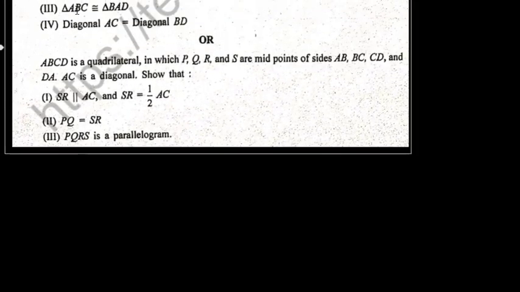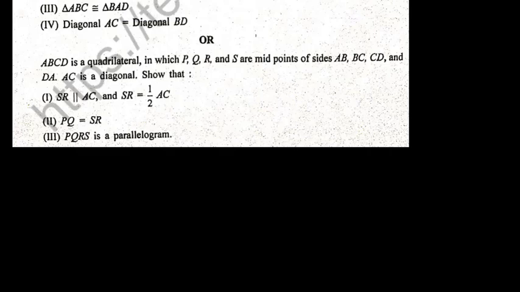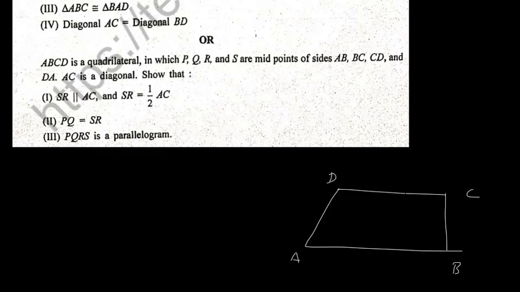Okay. Second part, ABCD is a quadrilateral in which P, Q, R, S are the midpoints of AB, BC, CD and DA. So let us first draw one quadrilateral. Suppose like this, A, B, C and D. ABCD is a quadrilateral and PQRS are the midpoints. So here one point P on AB.